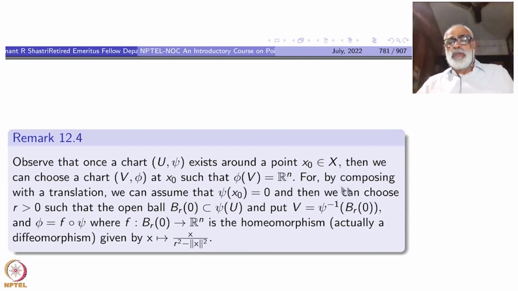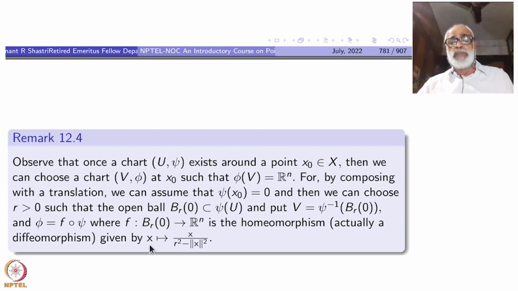That's all. By composing with a translation, we can assume first of all that psi of x naught is 0, and then we can choose r positive such that an open ball of radius r is contained inside this open subset around 0. Then take V to be psi inverse of B_r(0). Then psi itself is a homeomorphism from V to B_r(0). But from B_r(0) to the whole of Rn, you have lots of homeomorphisms, and you compose with them.